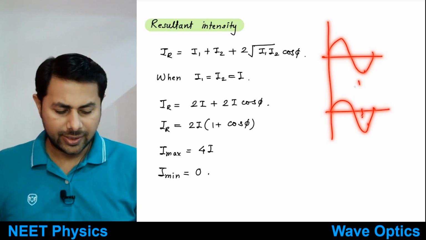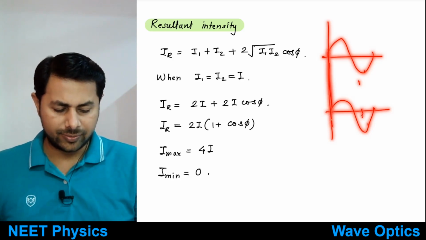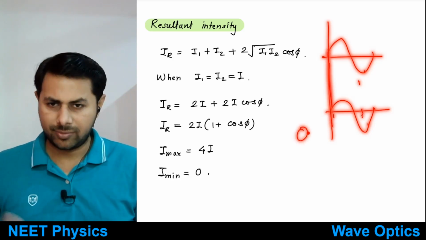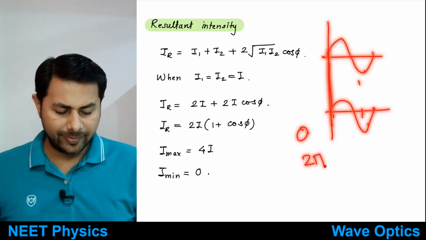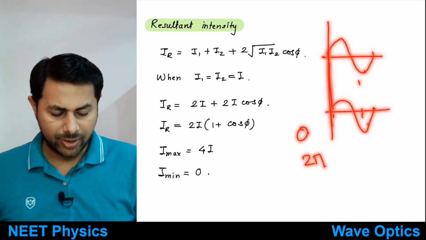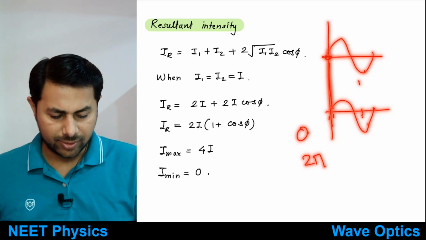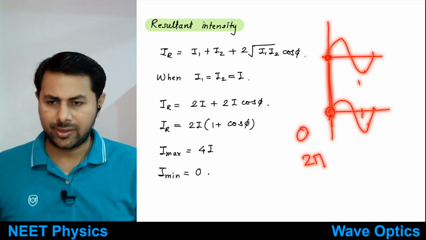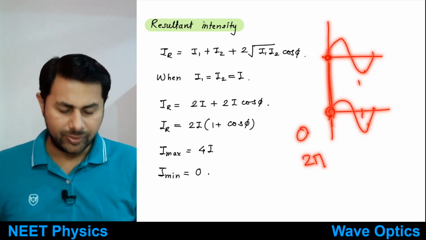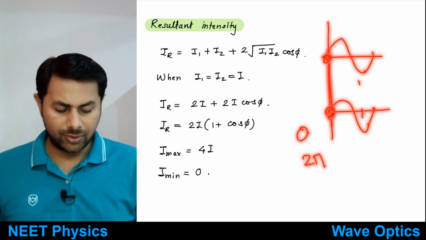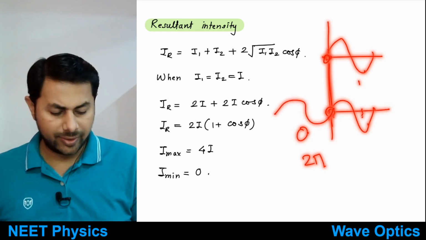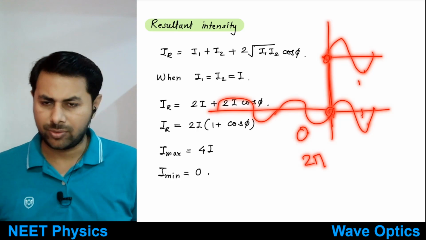For this to happen, the phase difference between the two should be either 0 or 2π, or 4π, and so on, because crest falling on crest means the phase here should equal the phase over there.